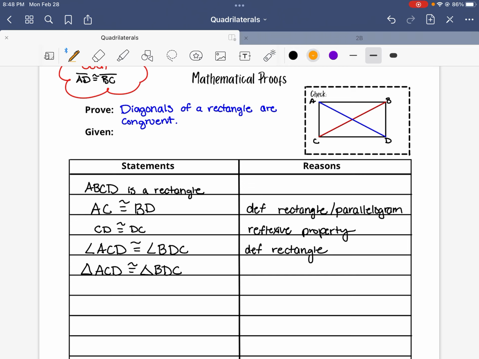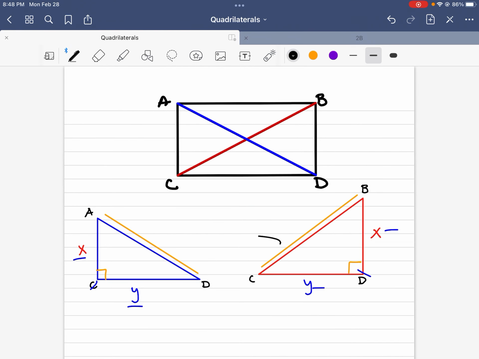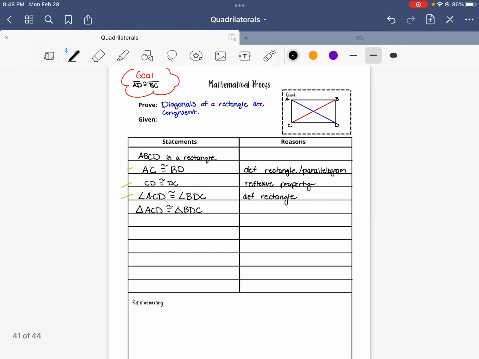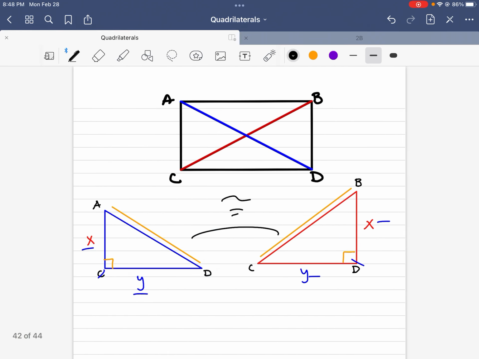So let's recap. We proved that a side's the same, another side is the same, and an angle is the same. So we just proved that these triangles are congruent by side, angle, side. And if these triangles are congruent, then that means that all of their sides are the same.